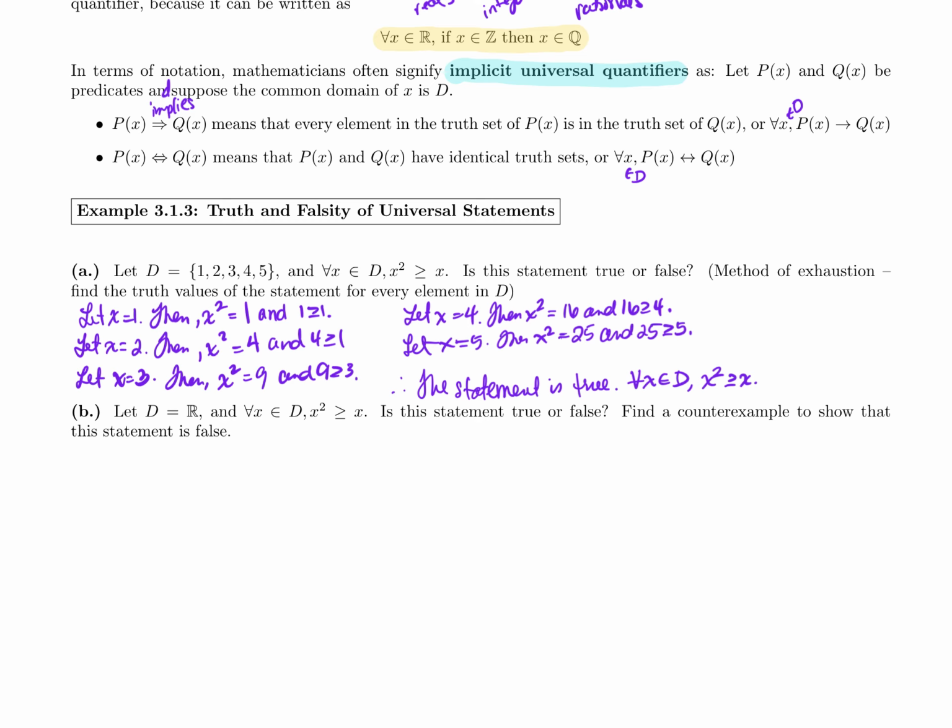And we're still going to claim that for every x in that domain, so for every real number, its square is bigger than or equal to itself. Is this true or false? And we want to find a counterexample to show that it's false. We have lots and lots of options here.